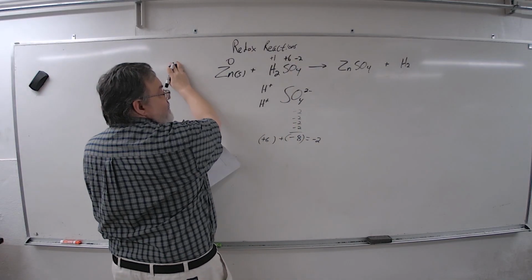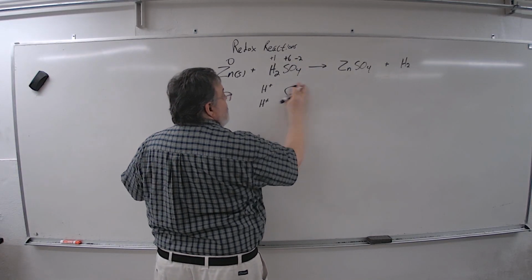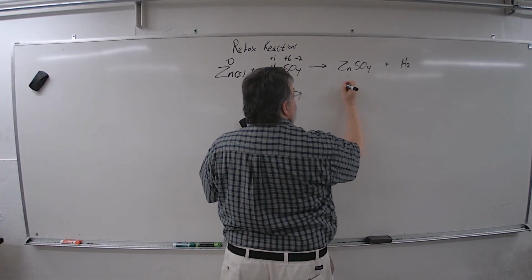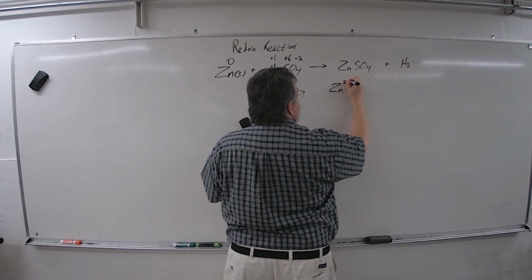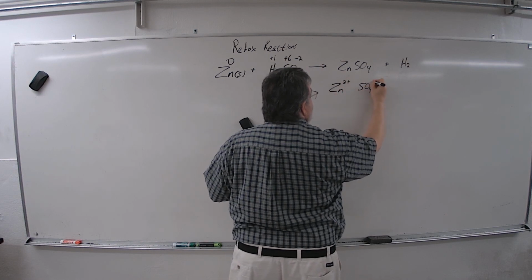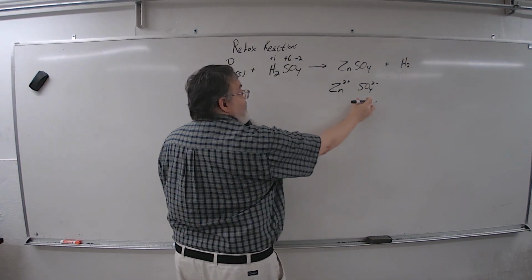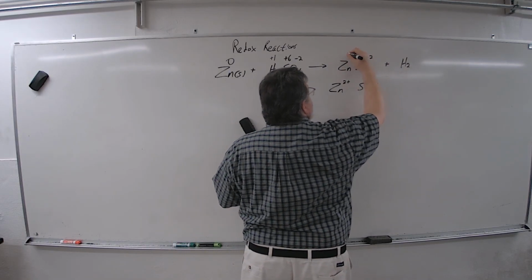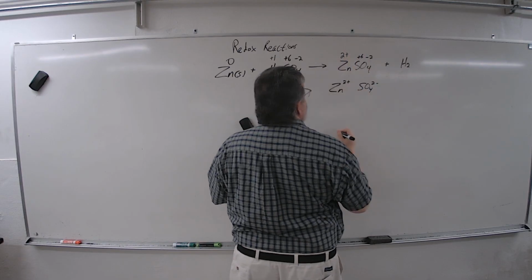There's only one sulfur, so that whole +6 goes on the sulfur. Oxygen is -2. SO4 is going to be the same here. It's the same ion. So everything I do here is going to be the same. So -2, +6, 2+ for zinc.